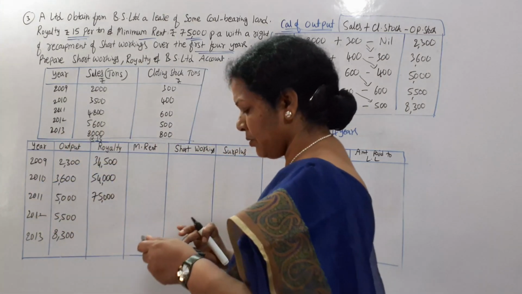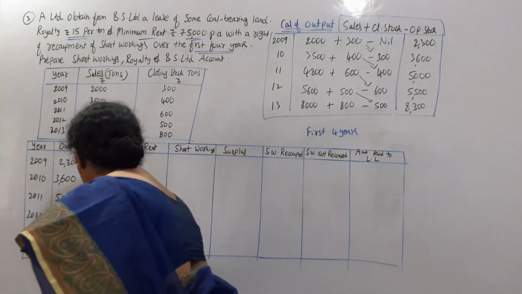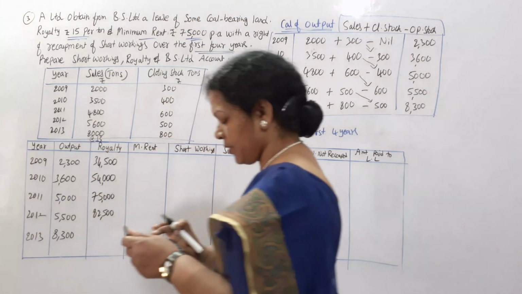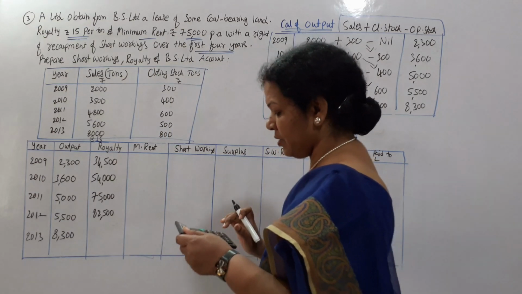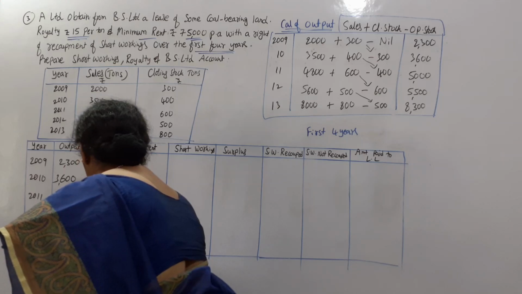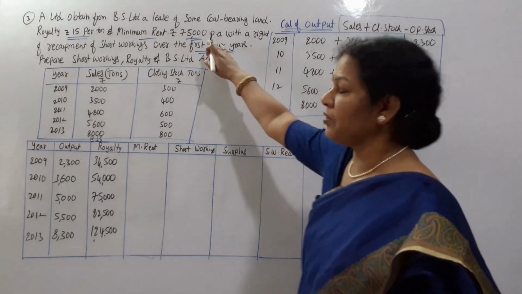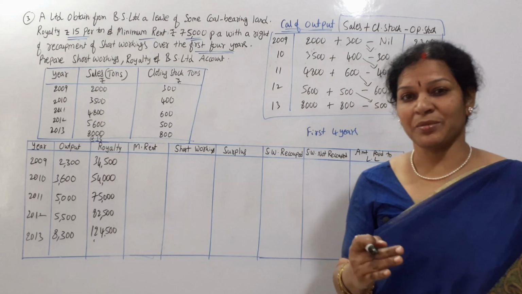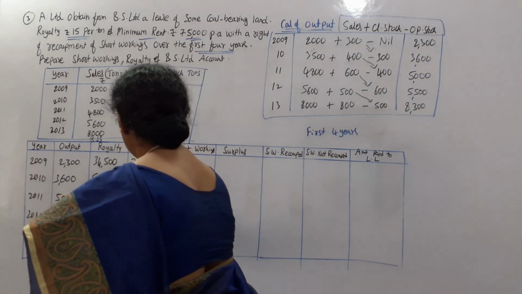Next, 5,500 into 15 is 82,500. 8,300 into 15 is 1,24,500. Now minimum rent is already mentioned, 75,000, constant. In the previous class minimum rent was changing, flexible. Now here it is constant, 75,000. So we'll write 75,000 for all the years.